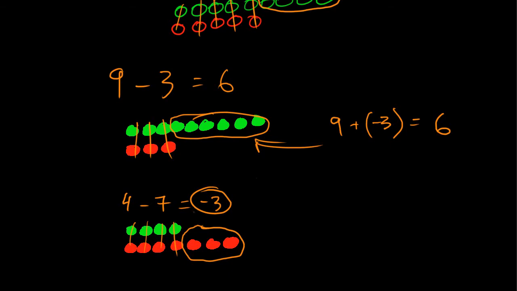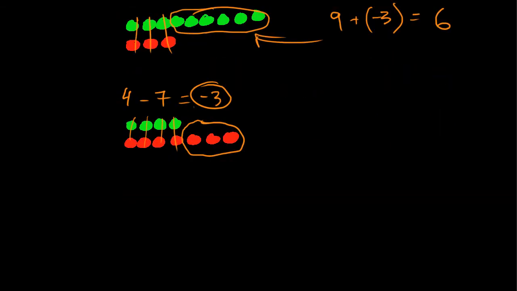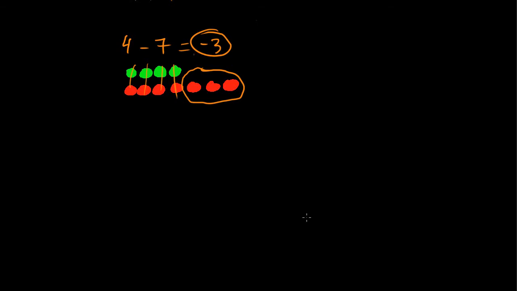Well, if we wanted to relate this strategy to even more problems, we could say, what if you had negative 3 and you took away 5? If I start with 3 negatives, and then I add to it 5 more negatives, because that's what taking away 5 really means.